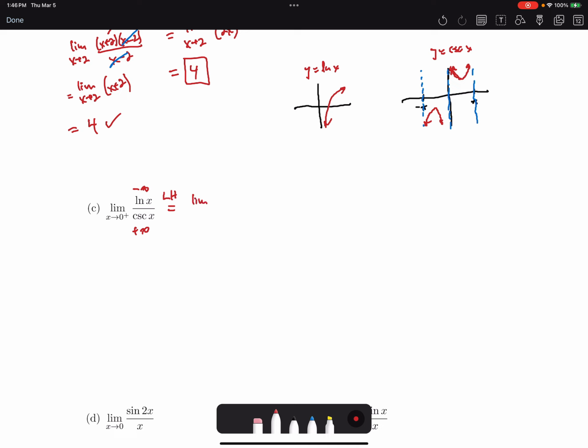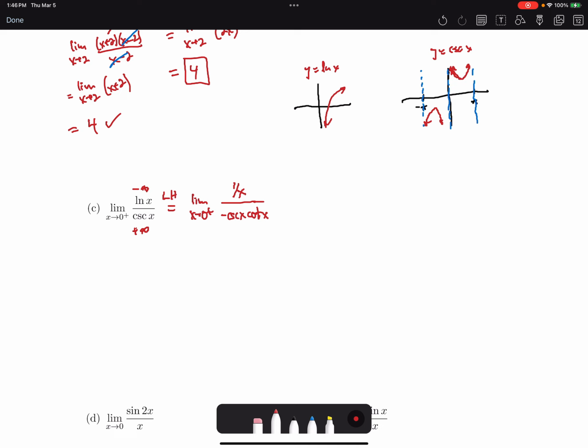And for L'Hopital's rule, we just take the derivative of the numerator and the denominator independently. So the derivative of ln x is 1 over x. The derivative of cosecant x is negative cosecant x cotangent x.